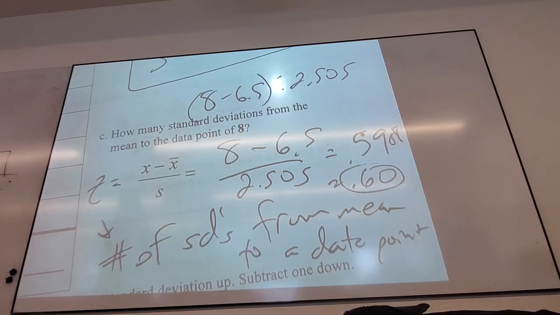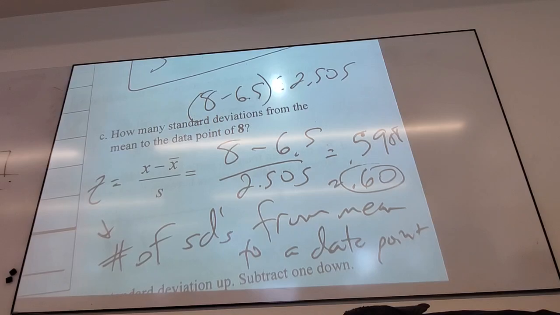I could ask it to you like this, just to be very transparent. I could say, what does a z-score of negative 1.39 do? How about a data point? If a data point had a z-score of negative 1.39, what would that tell you? 1.39 below.